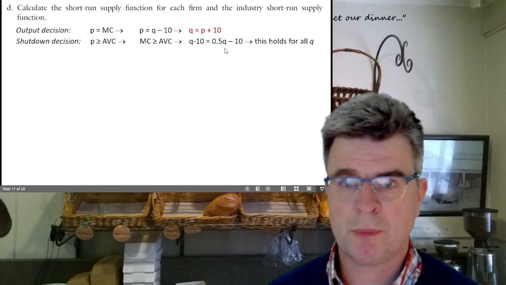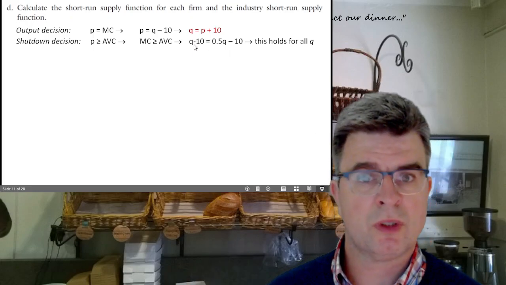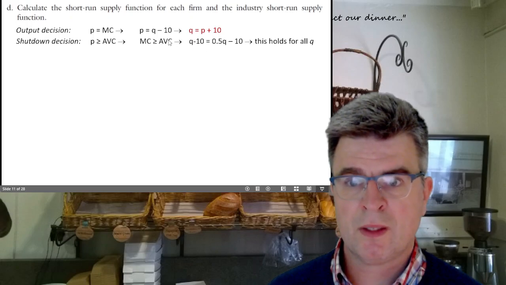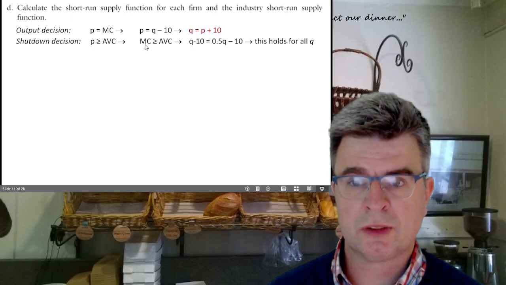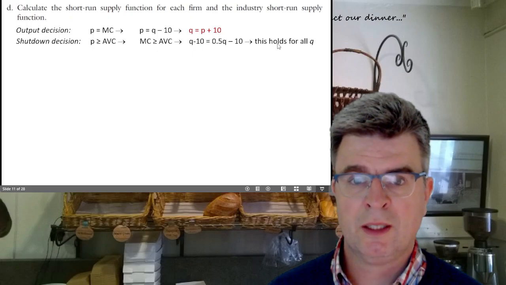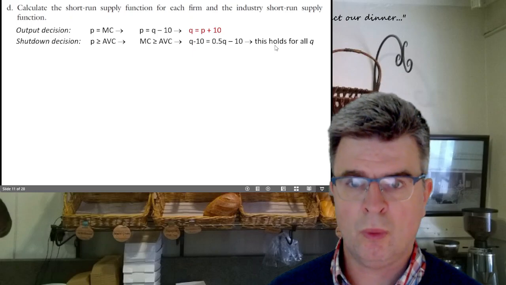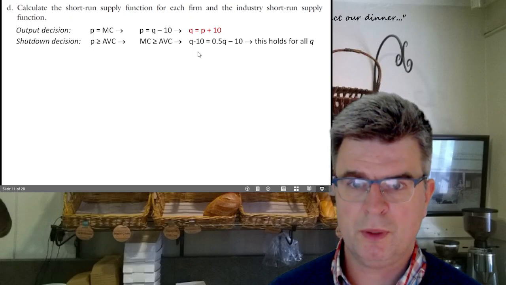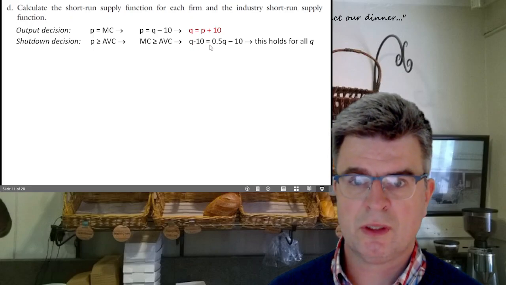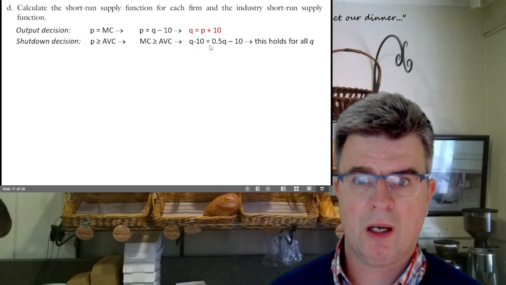Look at the graph from the previous slide. Marginal cost is equal to Q minus 10, and marginal cost or price should exceed average variable cost. This holds for all values of Q, because for any Q, Q minus 10 is higher than 0.5Q minus 10.